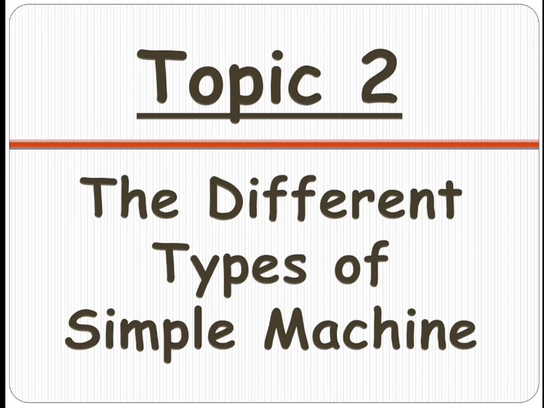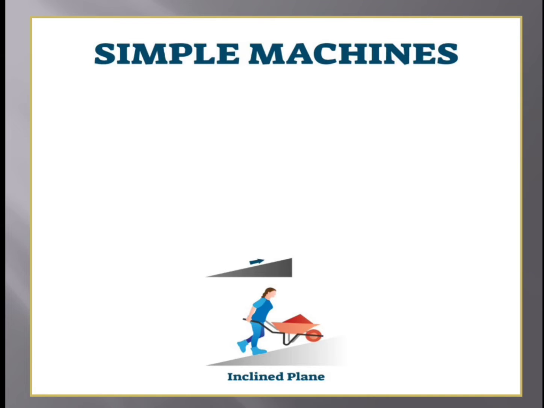In these different types of simple machines, children, the first one is the inclined plane. Can you see it in the picture, children? Yes, in your content book you have a picture of an inclined plane to load trucks. This is a simple machine that helps us to lift heavy objects.